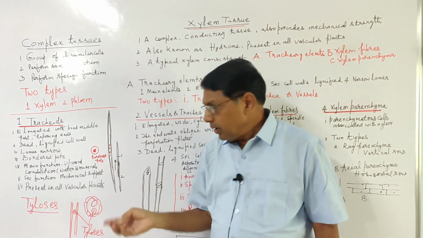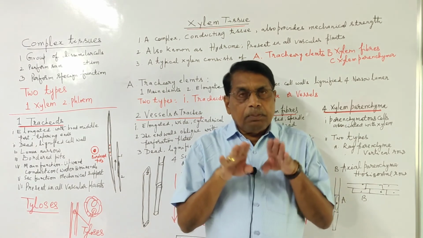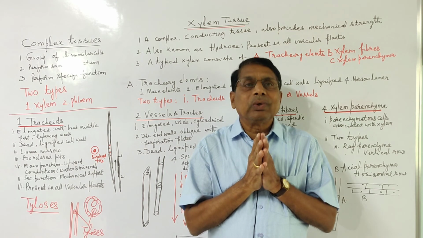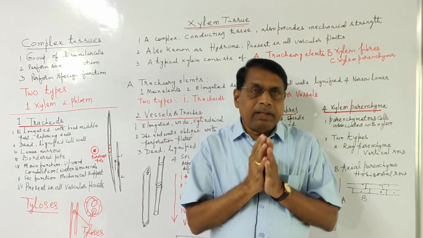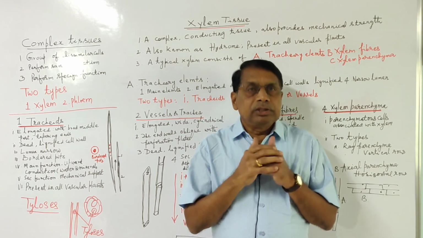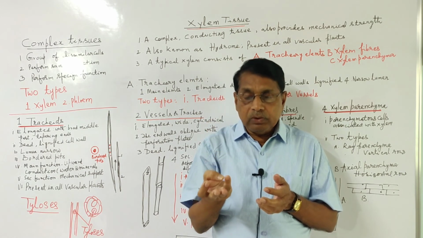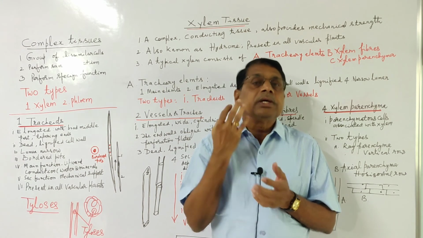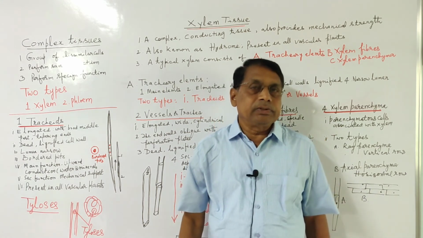These are tyloses. Then the plants that have the xylem tissue are known as tracheophytes. The plant groups having the xylem tissue: pteridophytes, gymnosperms, angiosperms. These are the tracheophytes, not bryophytes and thallophytes.